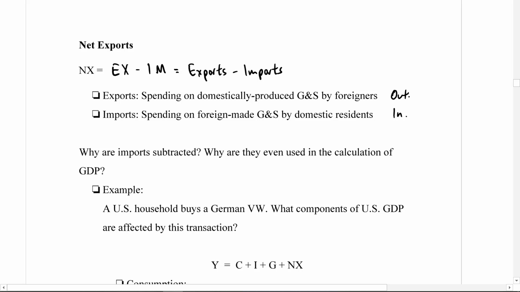The United States is a net importing country. Okay, and when we're calculating GDP, we want to make sure that we don't get credit for any imported good because we didn't make it. So as an example here, if we're thinking about an American household buying a German Volkswagen from Germany.